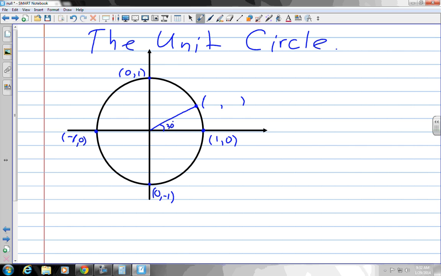Well, I'm going to look at it from the point of view of a right triangle. So if I drop this line perpendicularly down like that, so this is 30, 60, right? Is that okay? So I have to be very careful. The y value would be the side opposite of a 30 degree, right?